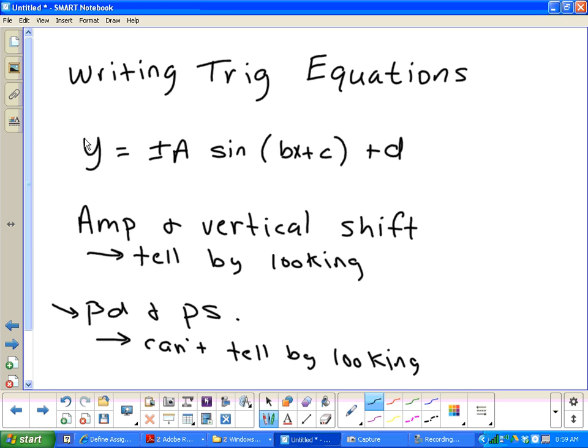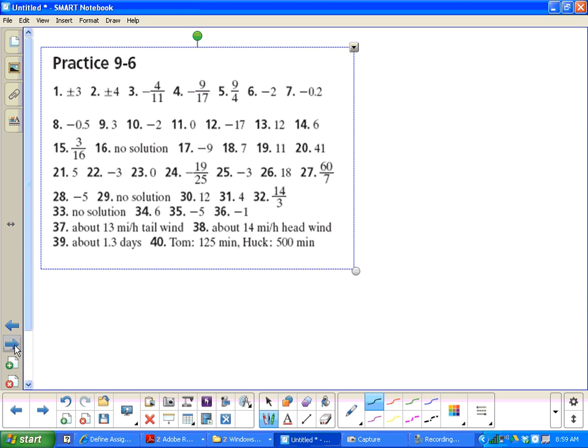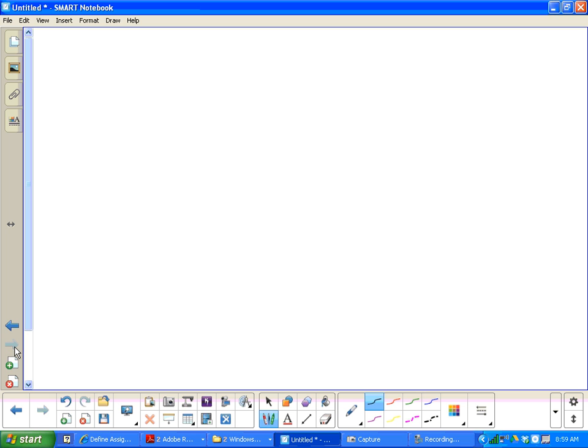Now what we're going to do is I'm going to give you the description of a sine or a cosine curve, and we're going to figure out and see if we can write the equation for it. Okay, so let's do this.